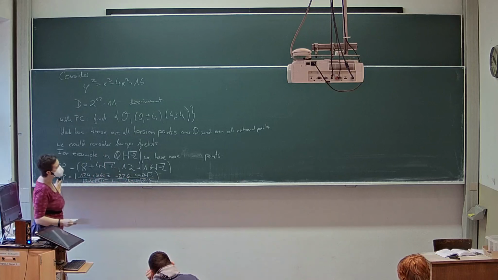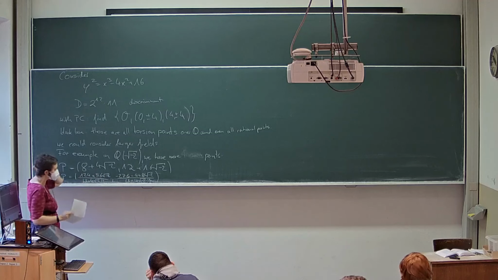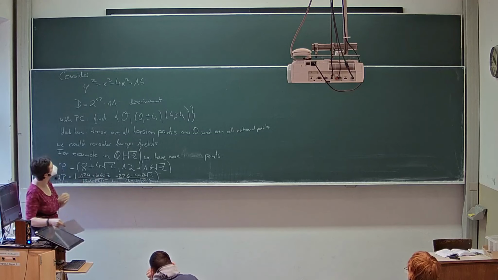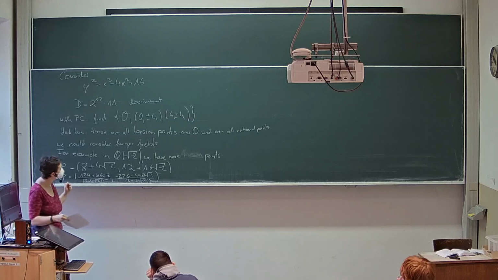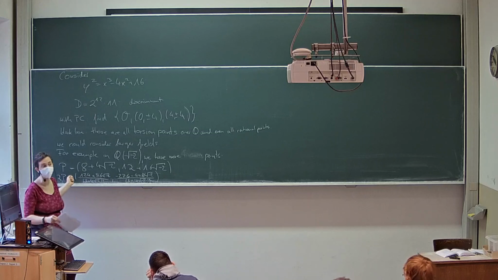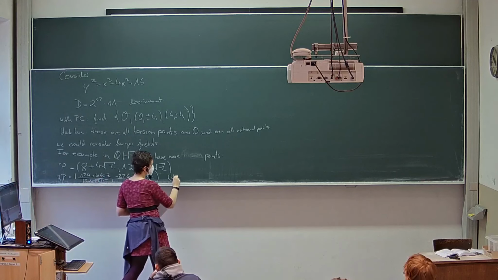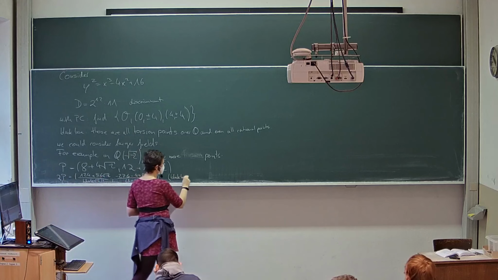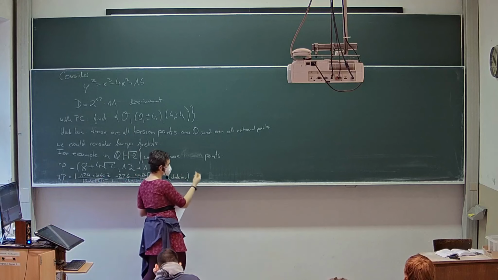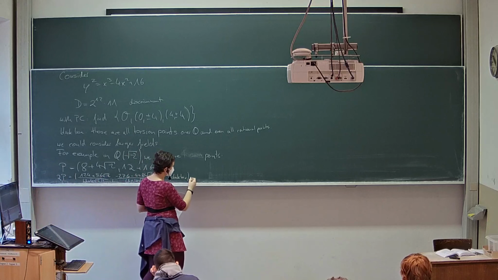So we doubled the point, we have some denominators, and even though we won't prove it here, we will also take as a black box that this is actually a point of infinite order.